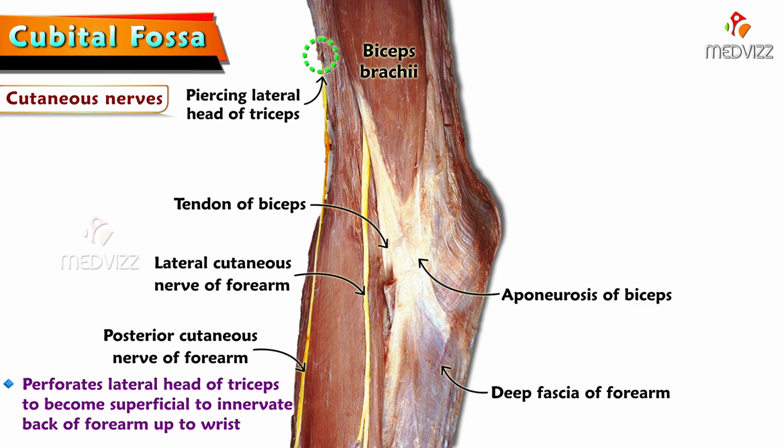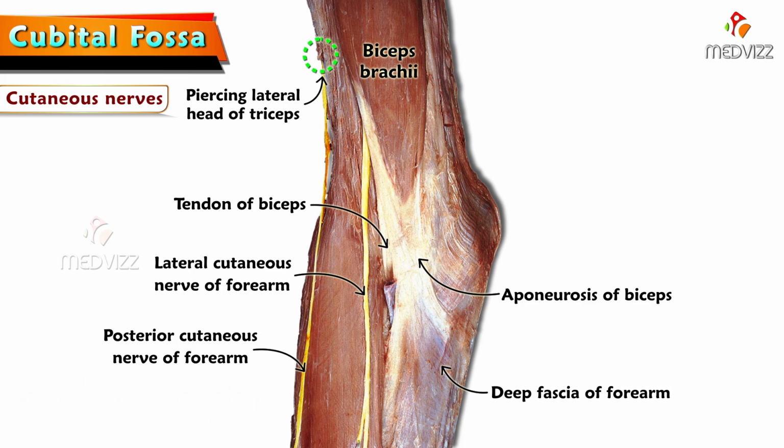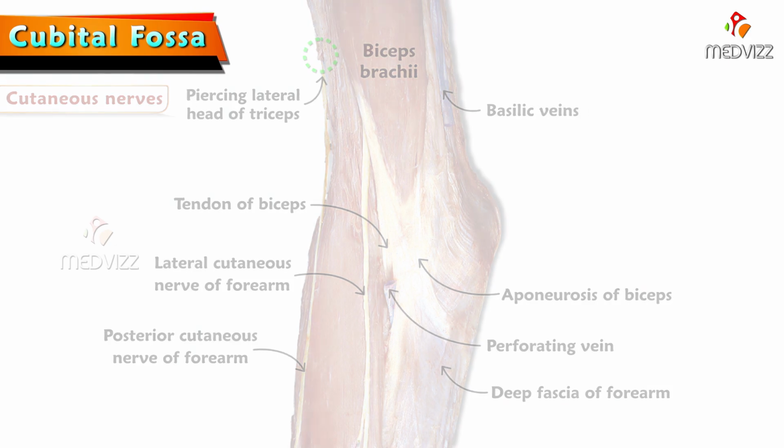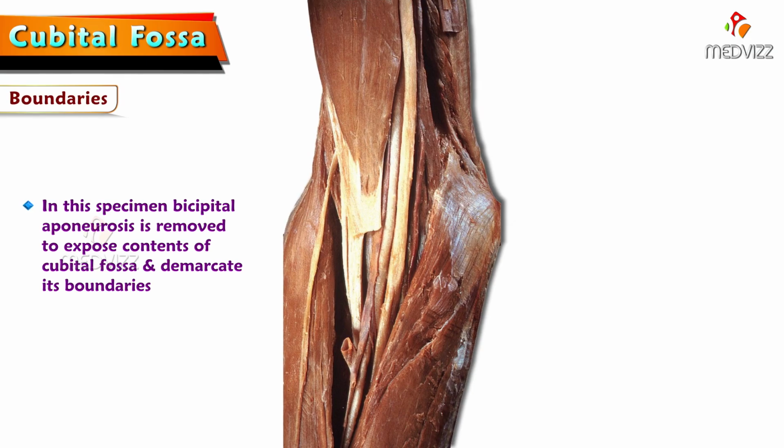It perforates the lateral head of the triceps to become superficial to innervate the back of the forearm up to the wrist. Cut ends of a perforating vein and the basilic vein are seen. Further, we would remove the bicipital aponeurosis to expose the contents of the cubital fossa and demarcate its boundaries.